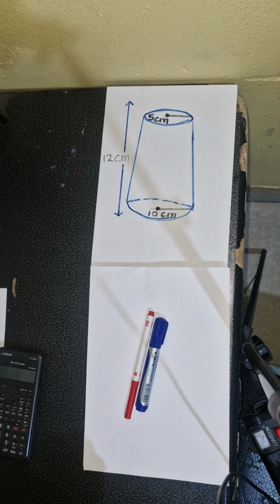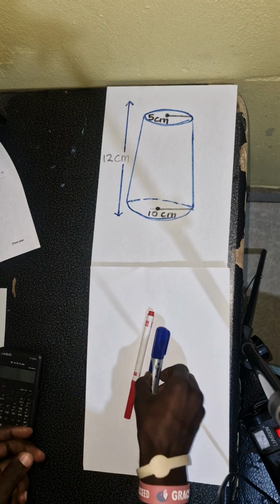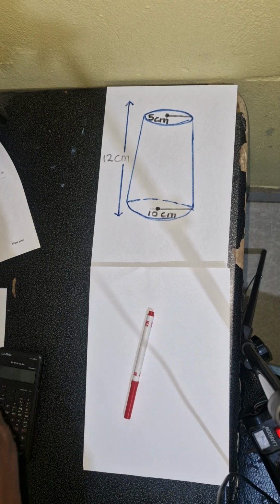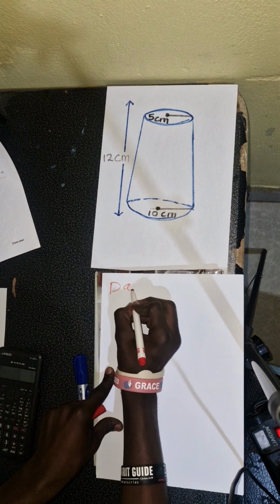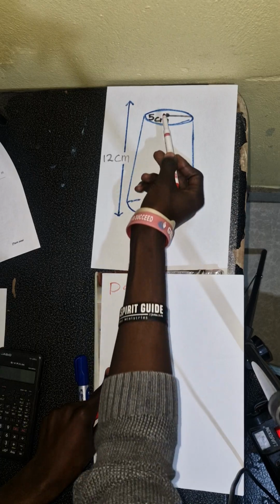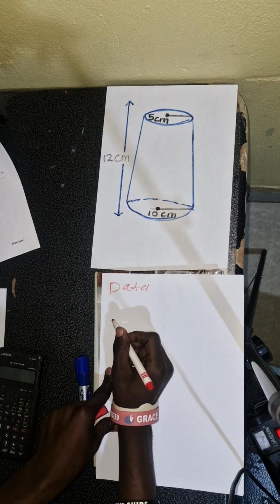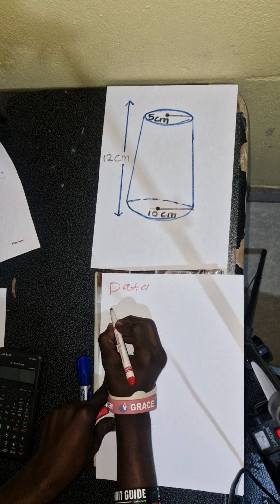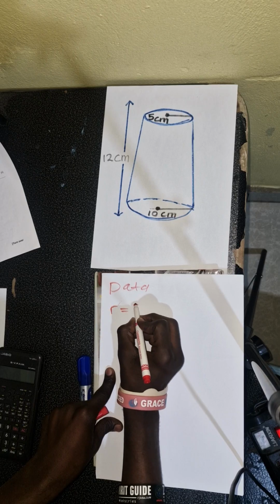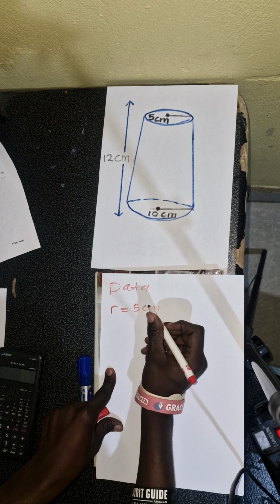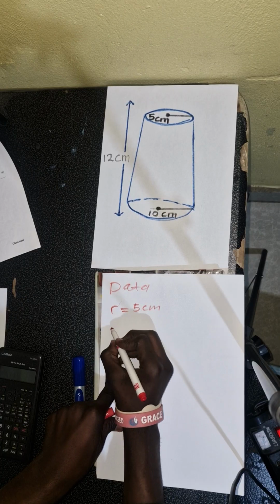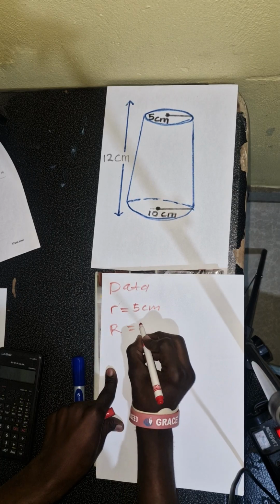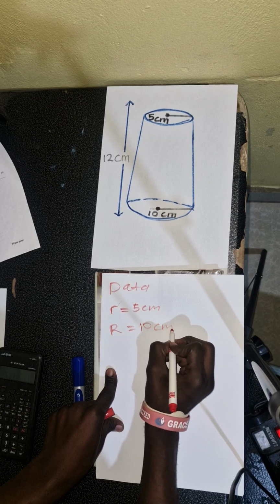So this is a very simple question. We normally get the data that we've been given before we go into solving. So what is our data? Our data here: we have 5 centimeters for the top part, the radius there is 5 centimeters. And the bottom base radius is 10 centimeters.